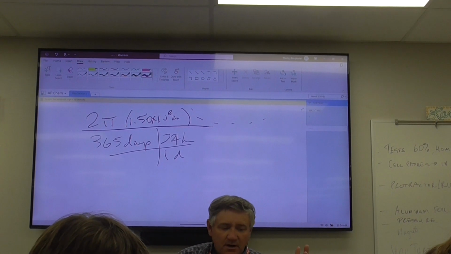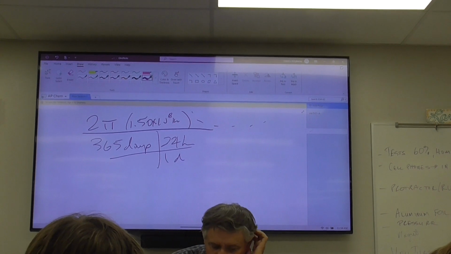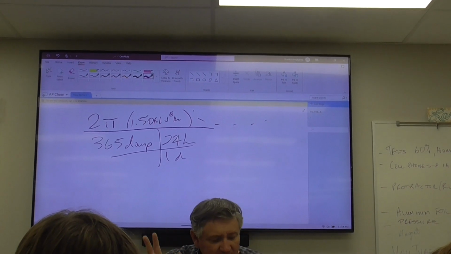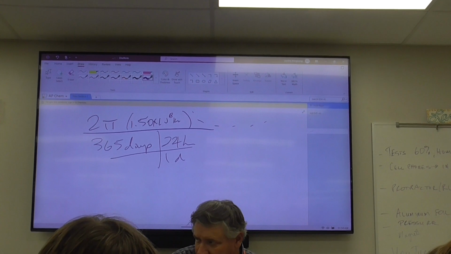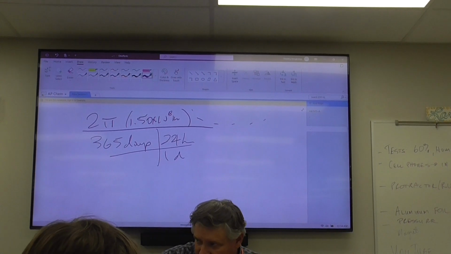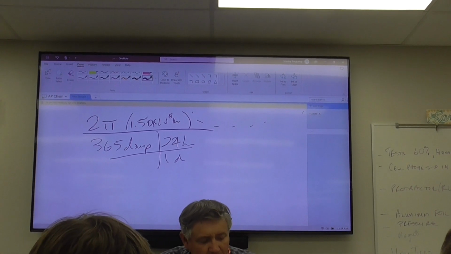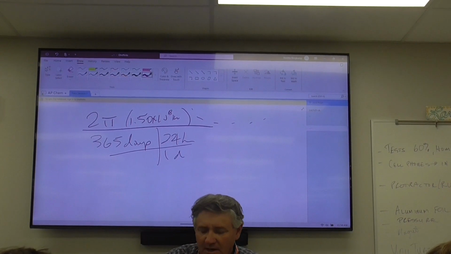So if all goes well on number 9, that first answer in kilometers per hour should be around 1 times 10 to the 5th kilometers per hour. 1 some change times 10 to the 5th kilometers per hour. Now, you want to convert that into meters per second.